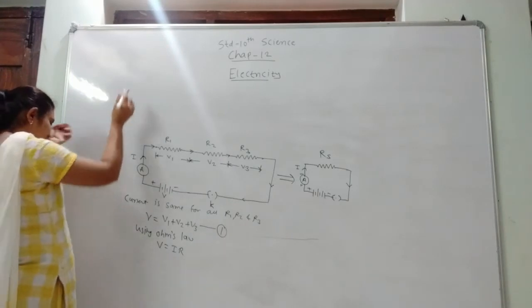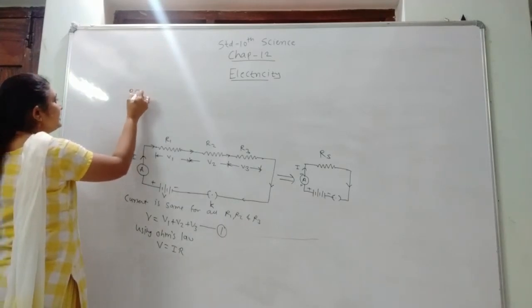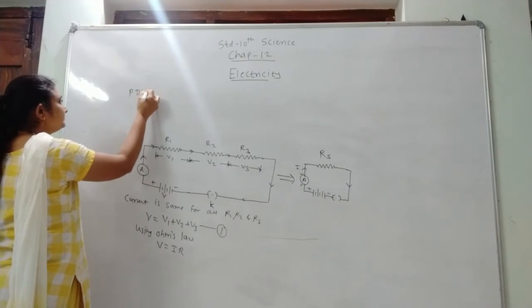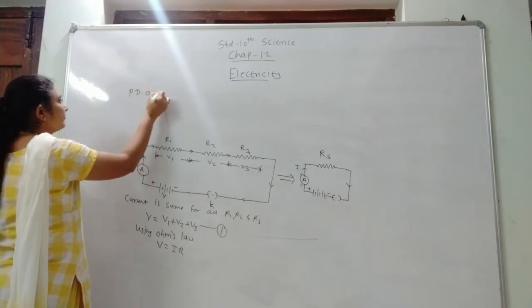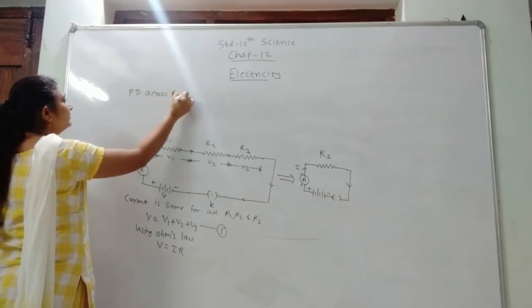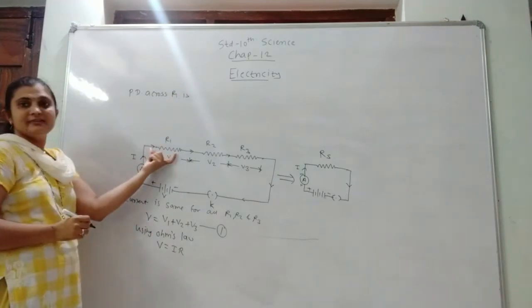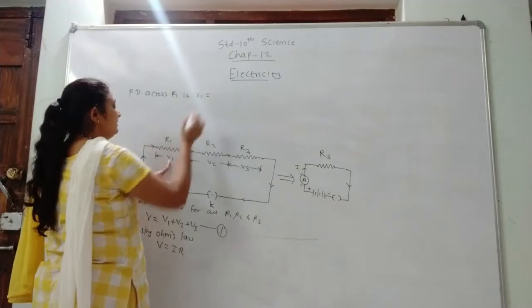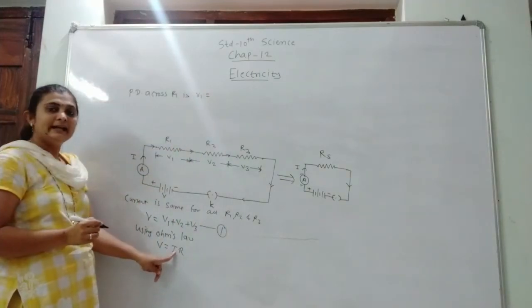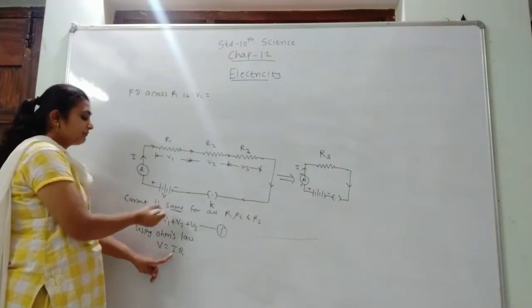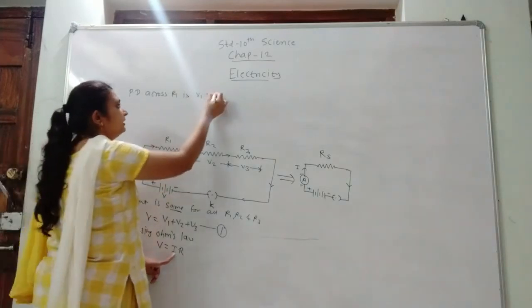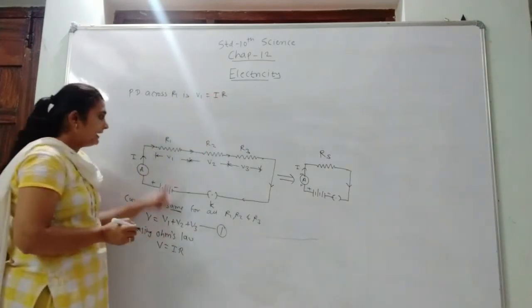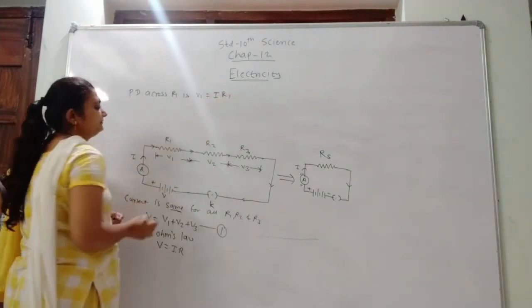Now here, the potential difference across R1 is denoted by V1 is equal to, what is the formula? V is equal to IR. I is same for all, so we write only I, and in place of R we write here R1.